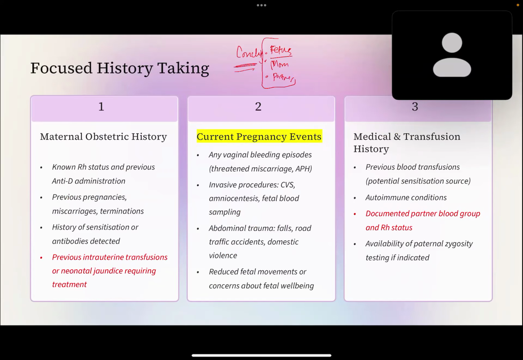If NTD is positive, then pre-pregnancy we send them to the joint hematology and genetics clinic. They will plan a high risk pregnancy in consultant-led units. If previously the baby had it, there's a higher chance of recurrence in this pregnancy.